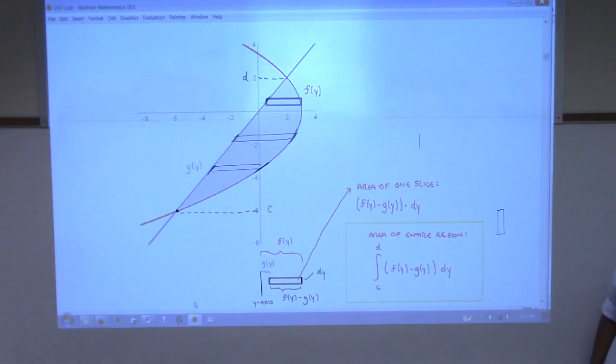And that's because we're integrating with respect to y, right? So y is, in this case, negative 6. You can see it a little bit. That's not important. It's c here, and then we move up through to d. Why do we go from the bottom up? Because negative, then up through positive, right? So we go left to right because negative to positive. So when we turn, it's negative to positive that way. Questions?